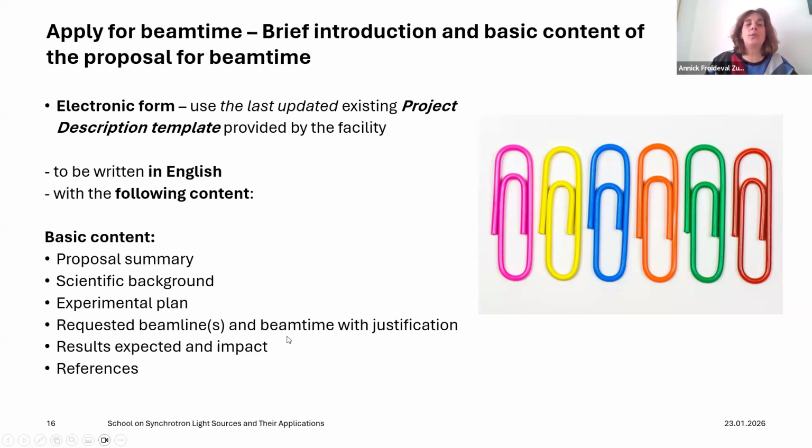That means the amount of time you need to spend at the facility to conduct your research. Also, as basic content, you have the results which are expected and the impact of your research for the society, as well as references. That means publications that you may want to add in your proposal to make it more understandable.